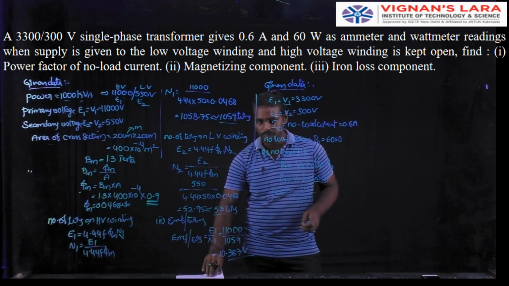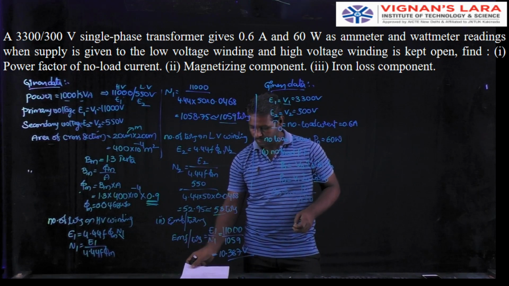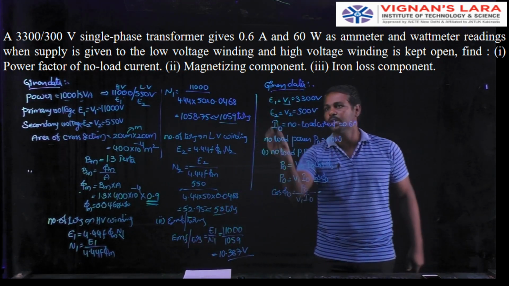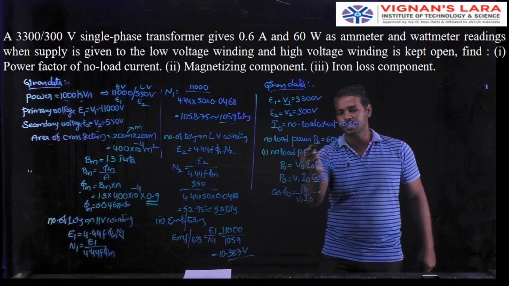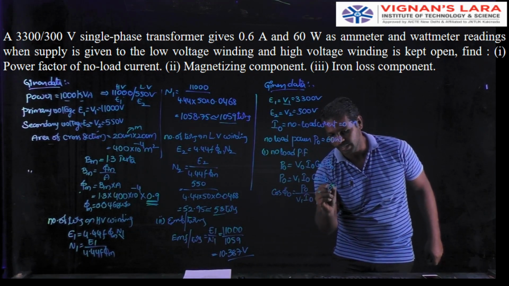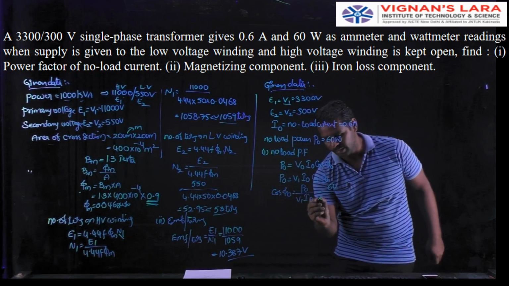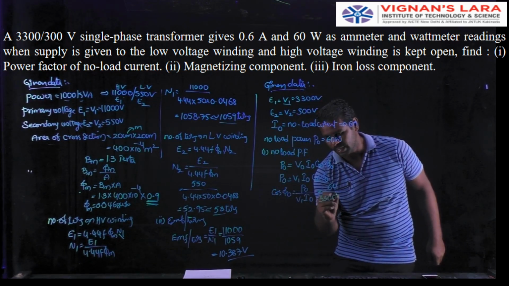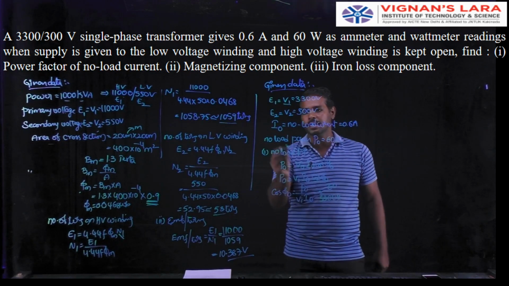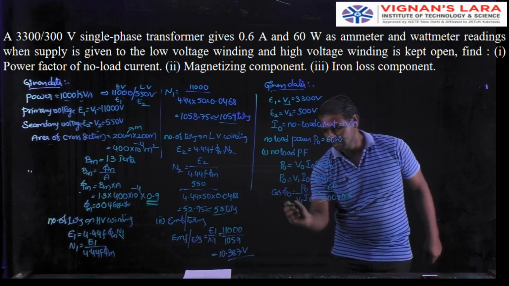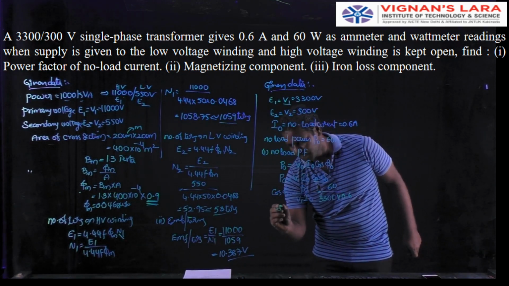Cos phi naught is equal to P naught, 60 watts, divided by V1, 3300, into I naught, 0.6.